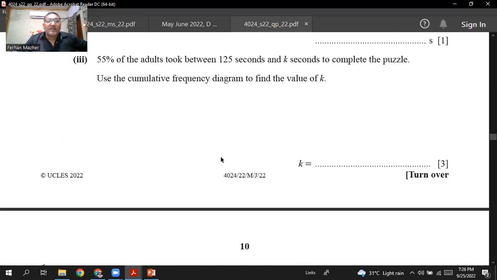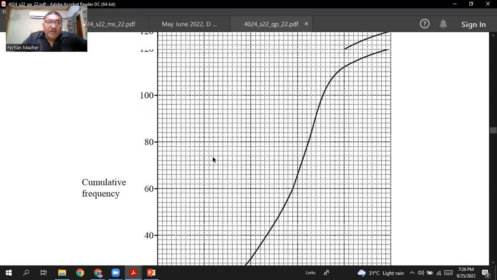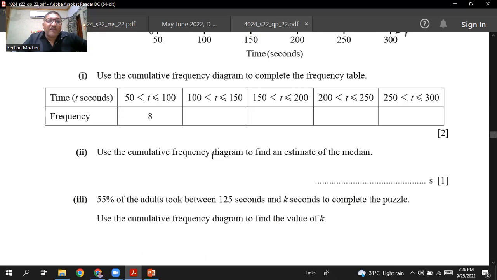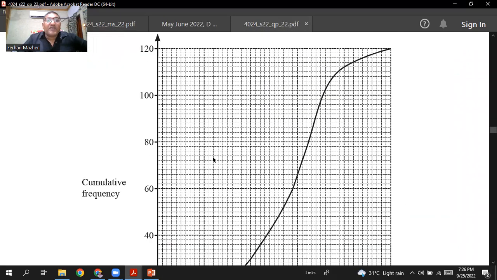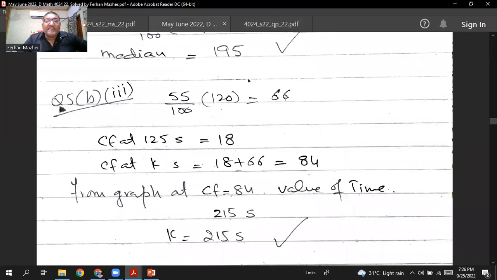Okay, now we go to the real part. He says 55% of the adults took between 125 seconds and k seconds to complete the puzzle. Use the cumulative frequency diagram to find k. First of all, I need to know 55% of the 120. So 55% of the 120 is 66.